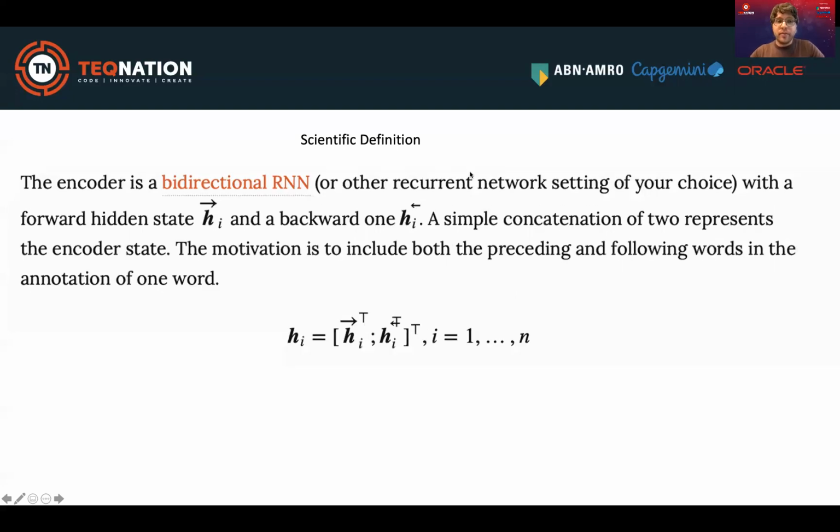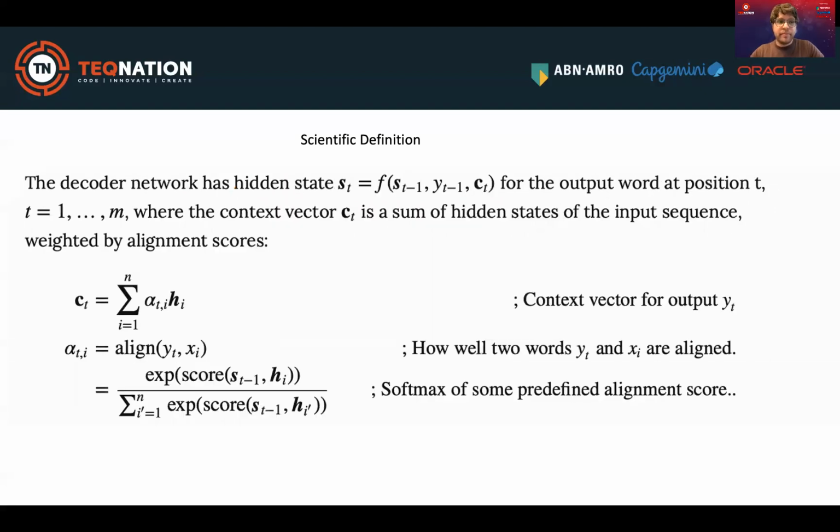By encoding with, for example, a bidirectional RNN, with a forward hidden state and a backward one that also reflects on it, a simple concatenation of the two encoder states can be found. Then, in the decoder, a so-called context vector is used for an output y_i.